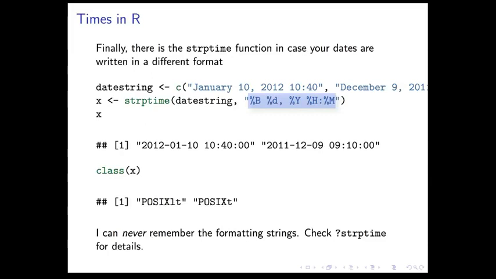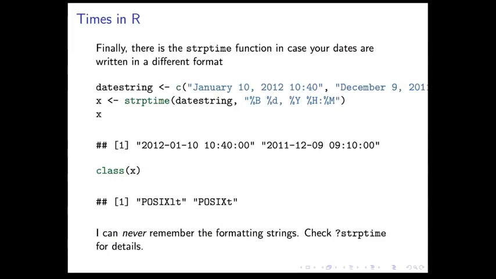And so that's the format of the times here. You can see that after I call strptime and I print out x, I get these time objects that are printed out in the standard format. When I look at the class of this object, you'll see it's in a POSIXlt format, so that's the kind of underlying list format here.